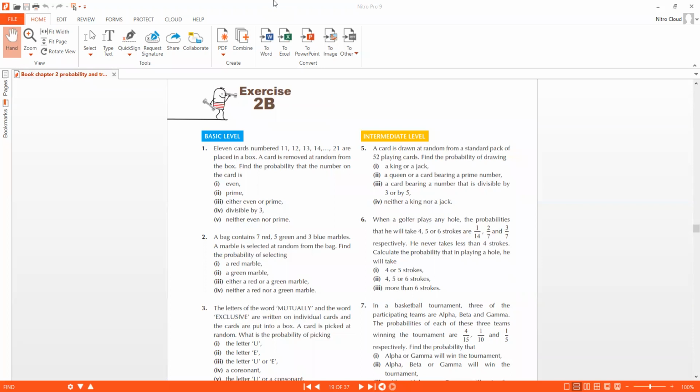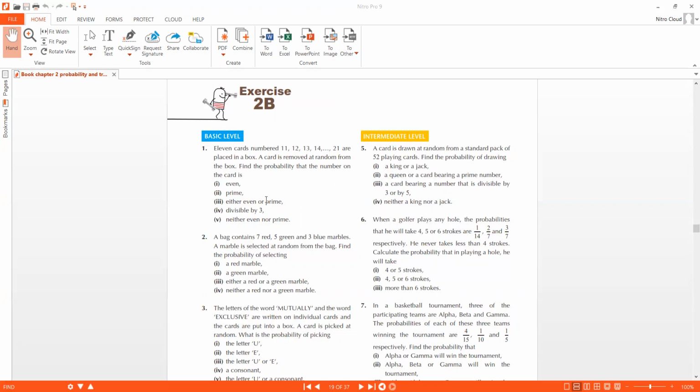Start counting from 11: 11, 12, 13, 14, 15, 16, 17, 18, 19, 20, and 21. That makes sense. If 11 was not mentioned, then you would count from 12. But as 11 is mentioned here, you must include 11 in the total count. Now I can do it.